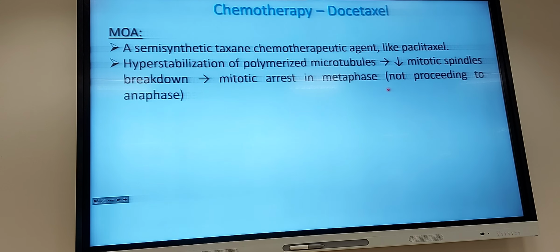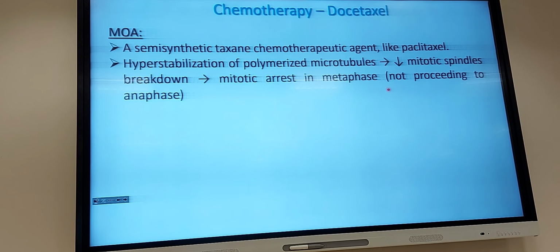Remember, in M phase there is mitotic spindle formation. There's a polymerization of microtubules, and then there's a depolymerization of microtubules. There's a category of drugs which inhibits the polymerization, and a category of drugs which inhibits the depolymerization. Taxanes inhibit the depolymerization.